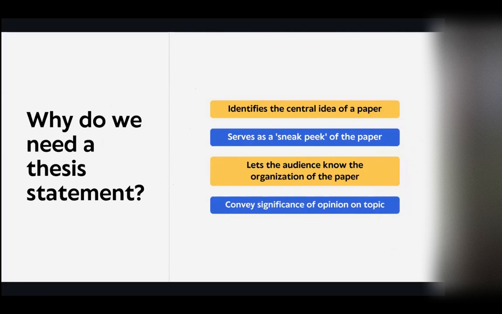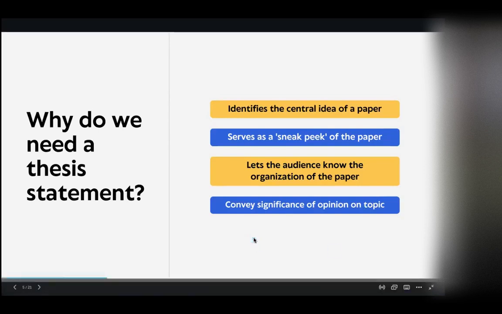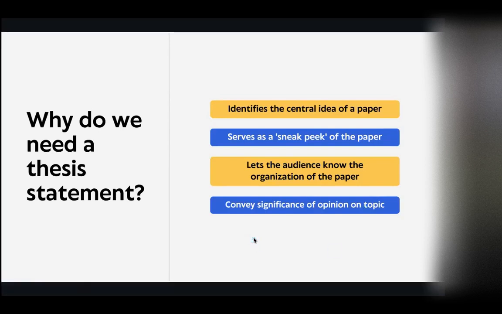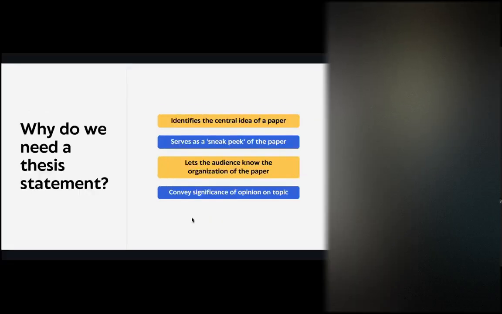And it also serves as an organizational tool to help you better arrange and develop the content of your paper. Lastly, a thesis statement tells the reader how you will interpret the significance of the subject matter under discussion. So these are some of the many reasons why a thesis statement is really important and why you should include one in every single one of your essays.